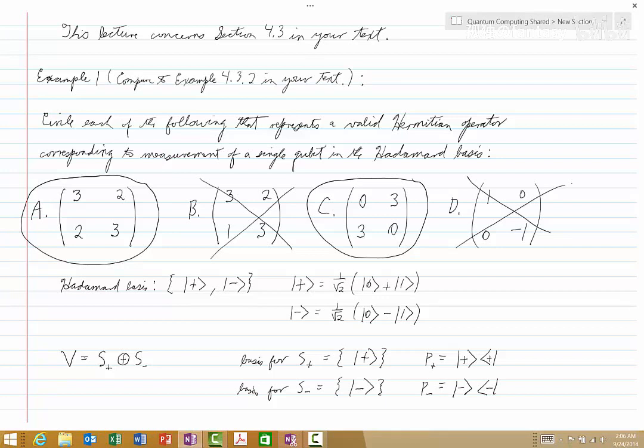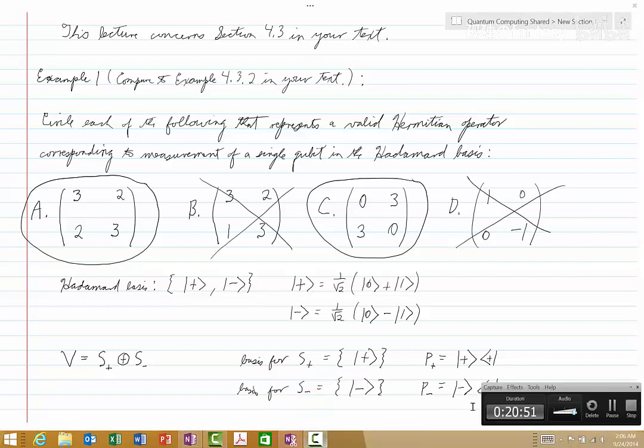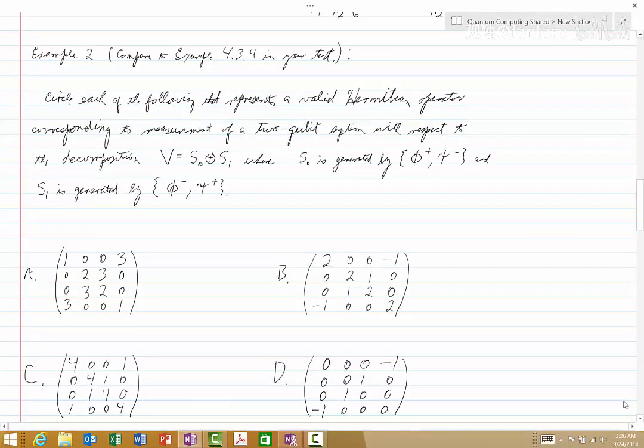Now let's take a look at another example problem. So now let's look at example 2, which I encourage you to compare to example 4.3.4 in your text.